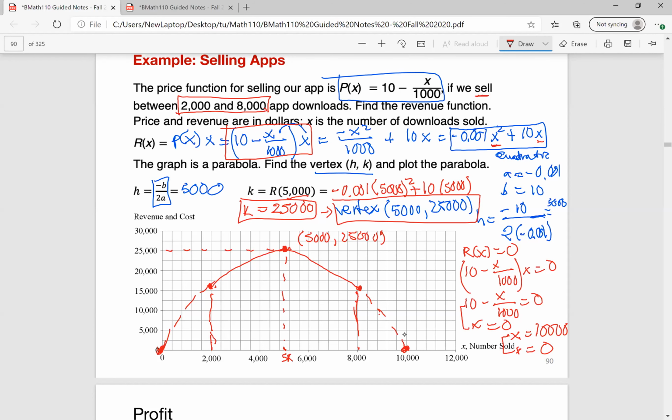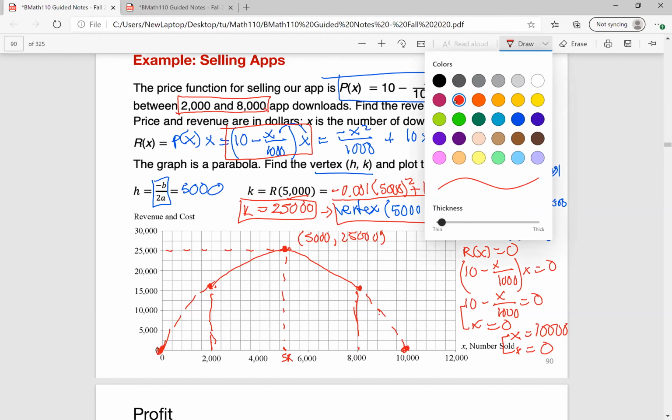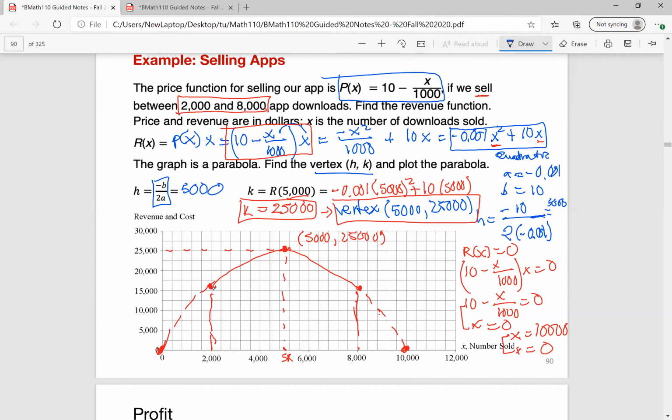So our graph should be, I'm gonna have the blue line for you to recognize easily. Okay, so that is our graph for in between 2,000 and 8,000 app downloads.